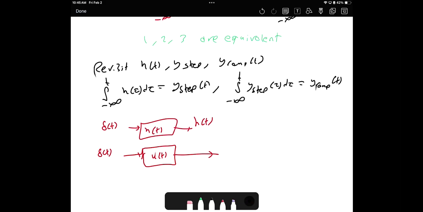This means the output will be the integral of delta, which is u of t. Then how about when I do h of t here, the output will be y step, because whenever you have the input u of t, the output will be y step.